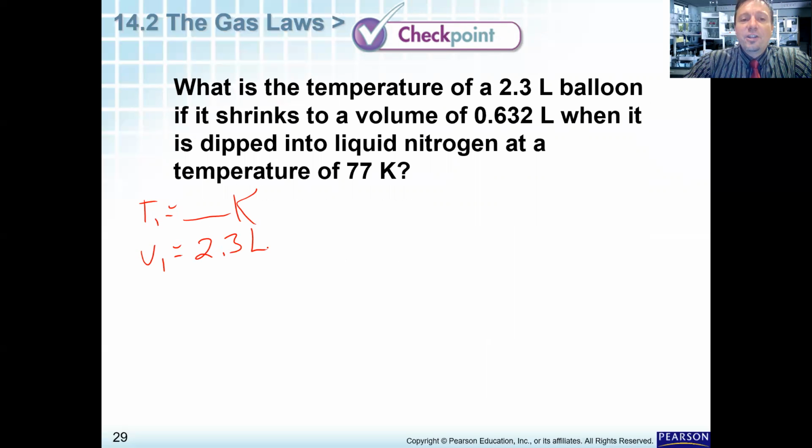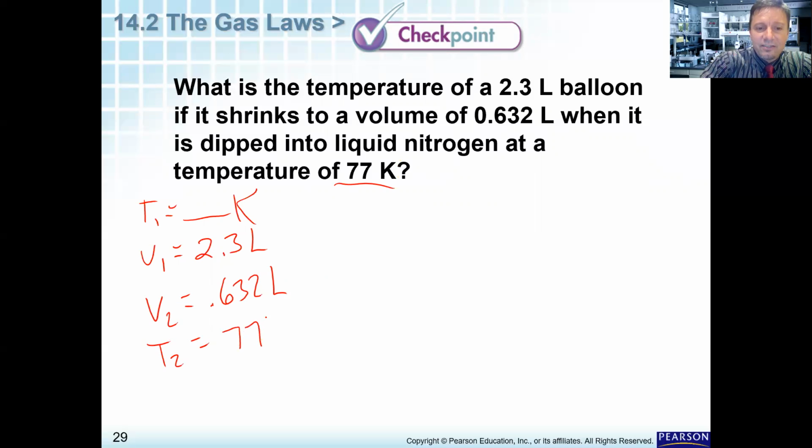It says if it shrinks to a volume of 0.632 liters, so my volume 2 equals 0.632 liters. And my temperature 2, it gives it right here to me, liquid nitrogen, 77 Kelvin. So notice there's nothing mentioned of pressure, so that means it has to be constant.